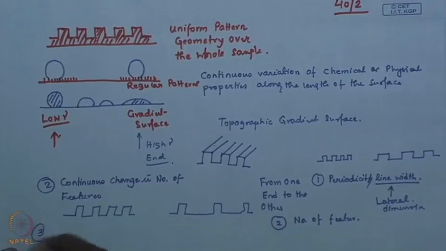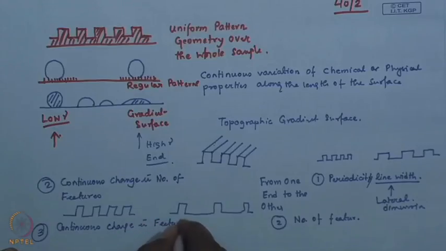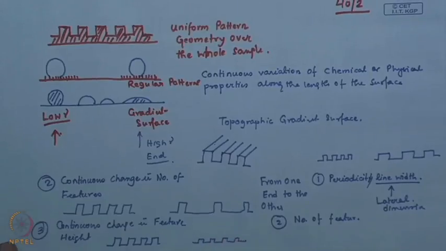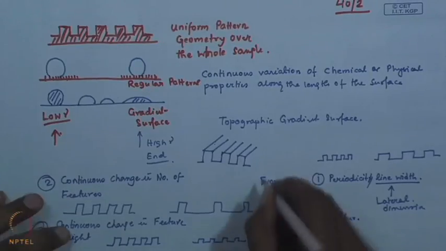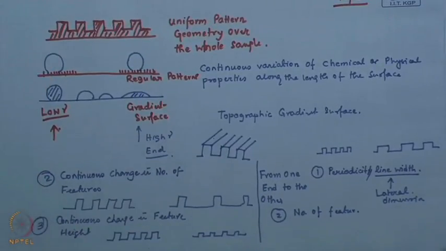You can have a continuous change in the feature height. Something like this. So, these are all examples of a topographic gradient with a regular structure. If you are talking in terms of a simple grating, you can have a continuous variation of periodicity, line width or lateral dimension, number of features, feature height, or a combination of these from one side to the other.